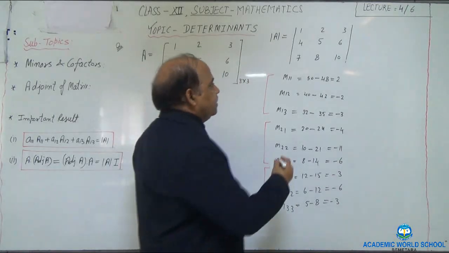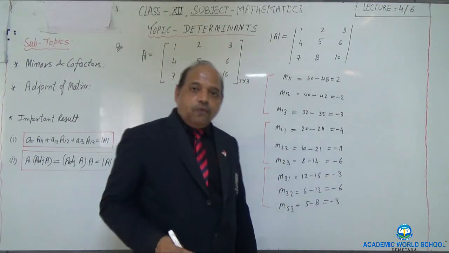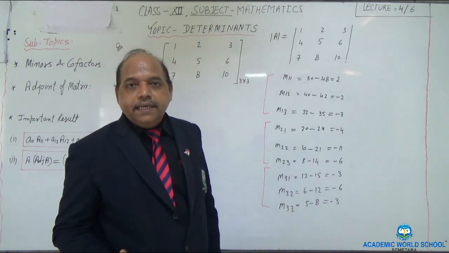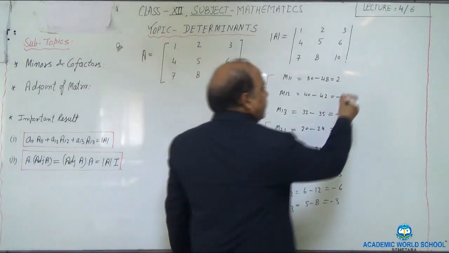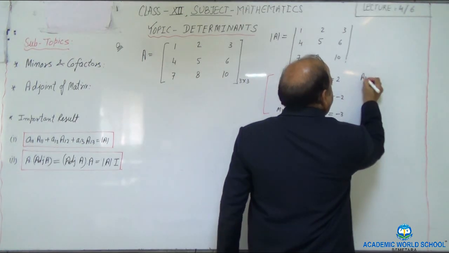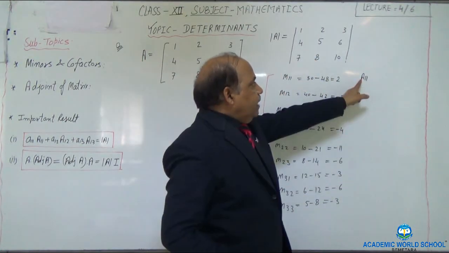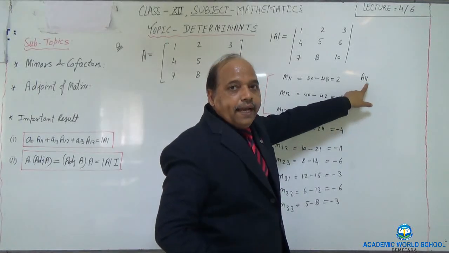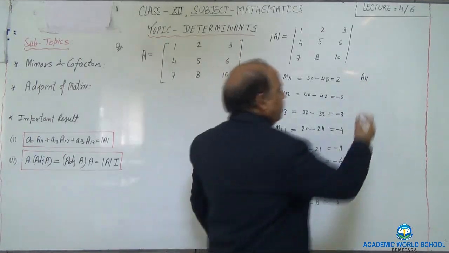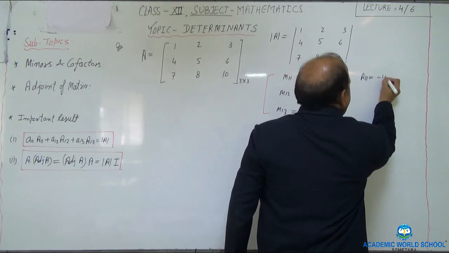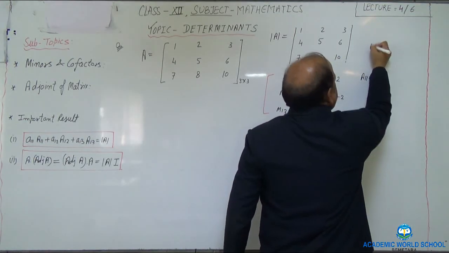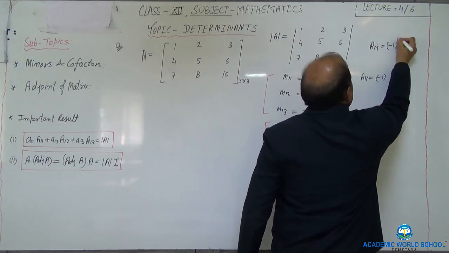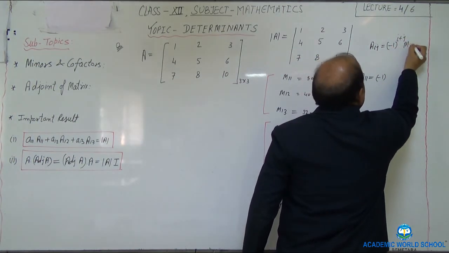So we will write, as I said, the cofactors are denoted by capital letter, normally by A. So we can say cofactor A11. A11 means cofactor of the element which belongs to first row and first column. So what will that be? As per the formula, Aij is equal to minus 1 to the power i plus j times Mij.